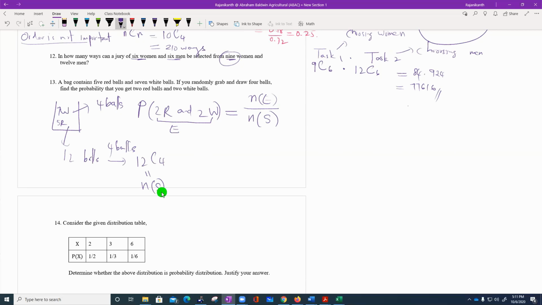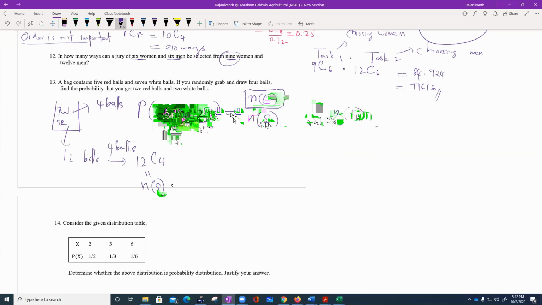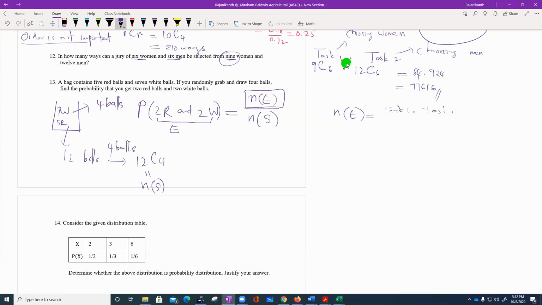Among these 12 choose 4 ways, how many ways could you perform the particular given event? My given event is now choosing 2 reds and 2 whites, right? The number of ways you could perform the event of choosing 2 reds and 2 whites is nothing but, like earlier, you could think of 2 tasks, right? Task 1 times task 2. What was your task 1?